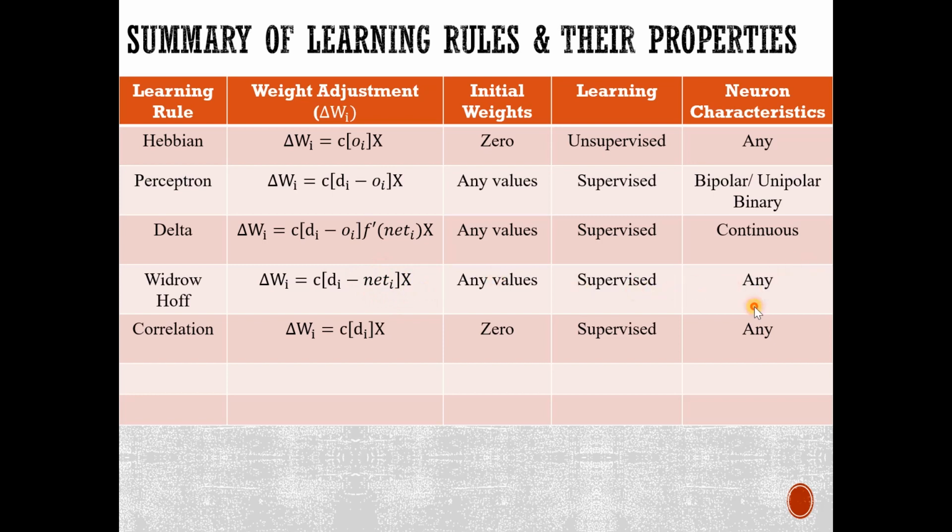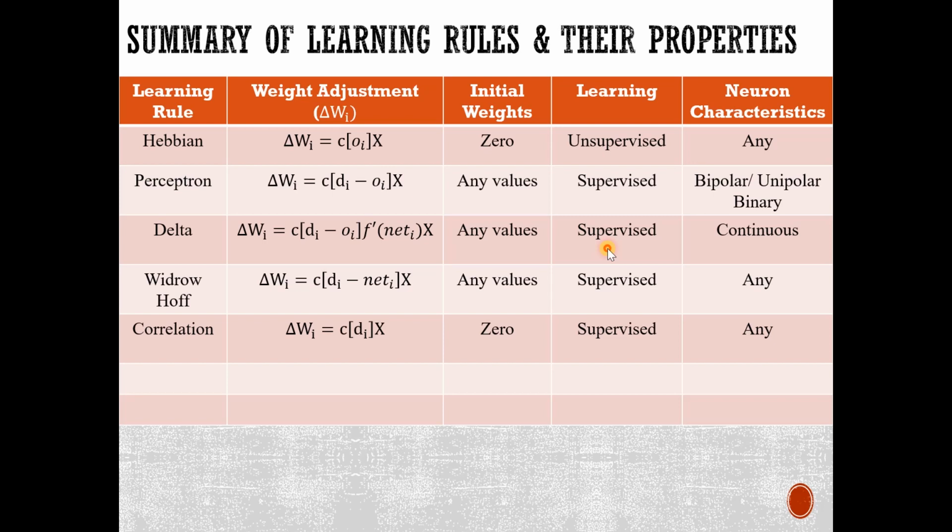Rest everything is the same. In the Widrow-Hoff learning rule, any neuron characteristics can be considered because the function is not taken into consideration. And in the correlation learning rule, it is c d_i x, and it is required that the initial weights are close to 0.